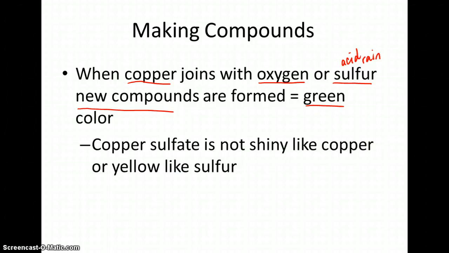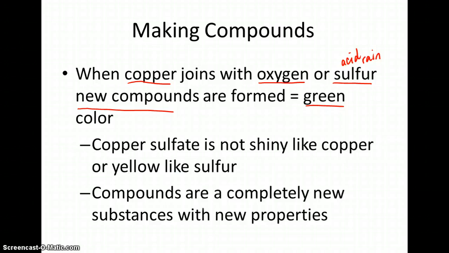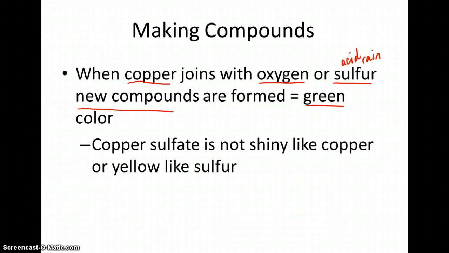Copper sulfate is how we would name something that is a compound. We would call it copper sulfate. In this case, it's copper joined with sulfur. As we saw in the picture, Lady Liberty is not shiny like copper, and sulfur is technically a very bright yellow color.